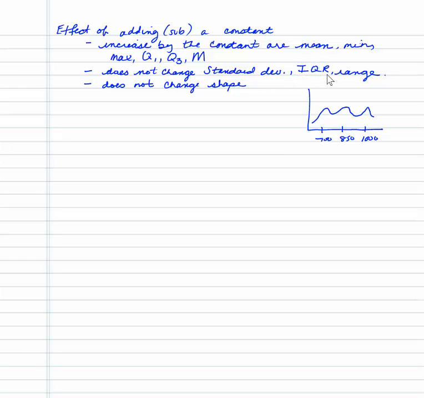The interquartile range, the actual range from the highest to the lowest, and also the shape do not change by adding or subtracting a constant. If it was centered at 850 before, then if you add 100 to it, it would be centered at 950. But the actual curves and the exact size of it would remain exactly the same. It would just be that all the scale at the bottom would be 100 greater.